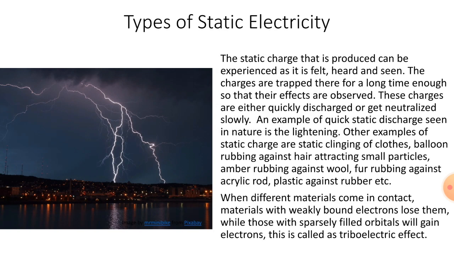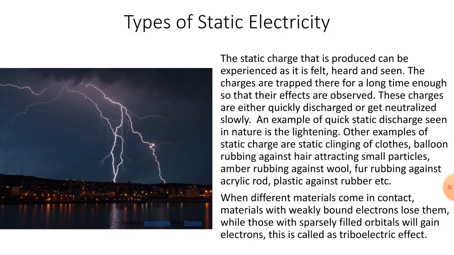Types of static electricity. The static charge that is produced can be experienced as it is felt, heard, and seen. The charges are trapped there long enough so that their effects are observed. These charges are either quickly discharged or get neutralized slowly. An example of quick static discharge seen in nature is lightning.